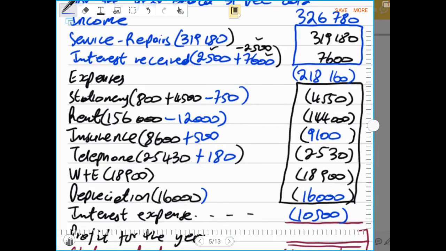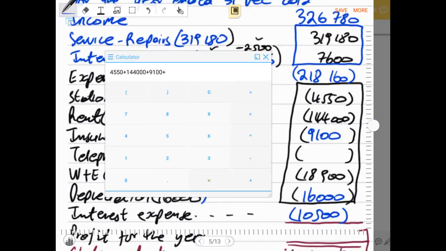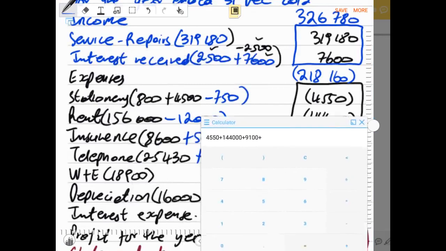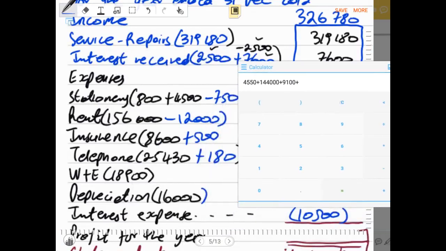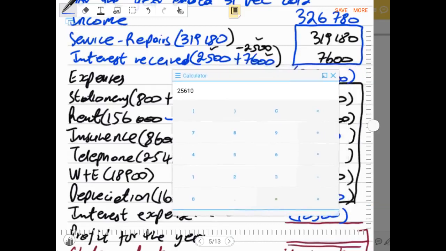Yeah, telephone is also wrong. Our telephone expense will be a sum of 25,430 plus 180, 25,610.